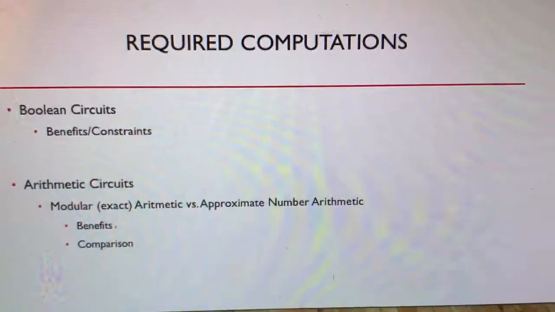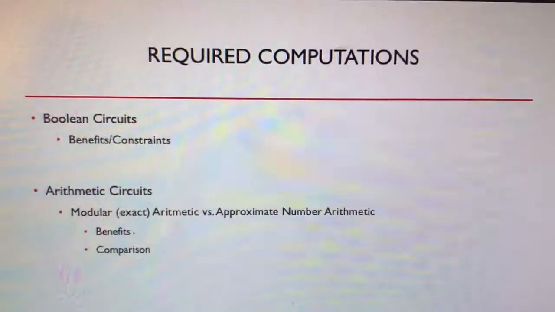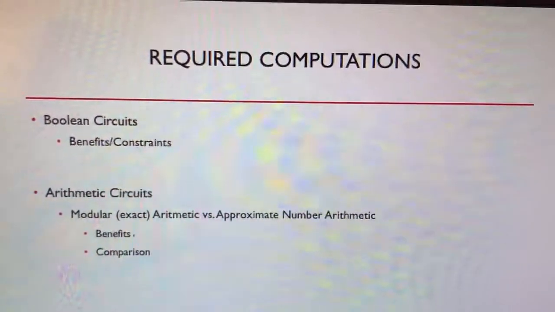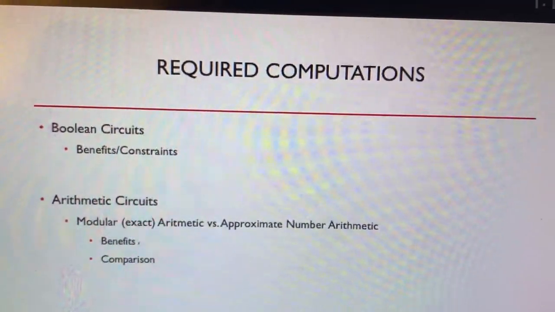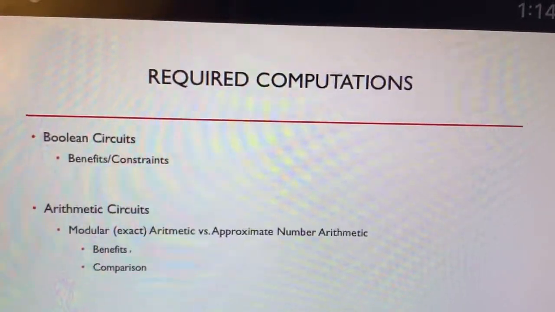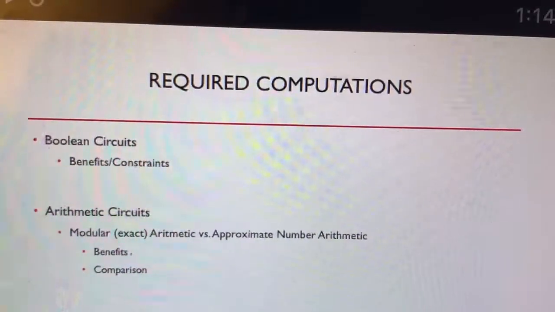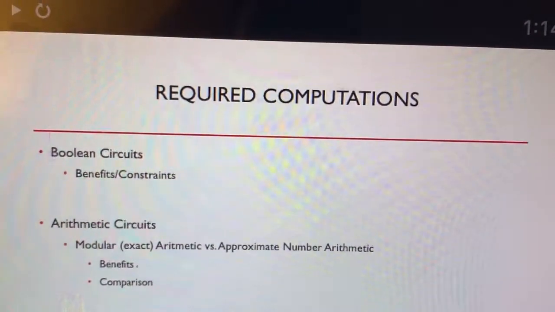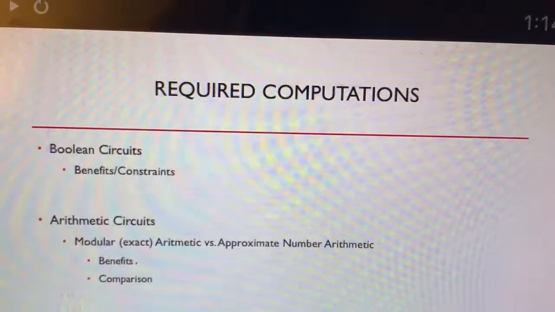Now, the required computations for this algorithm involve converting our data into circuits, whether it be Boolean circuits or arithmetic circuits. In Boolean circuits, we deal with AND or OR gates. So there are two gates that, when homomorphically evaluated, can result in any computation we desire.